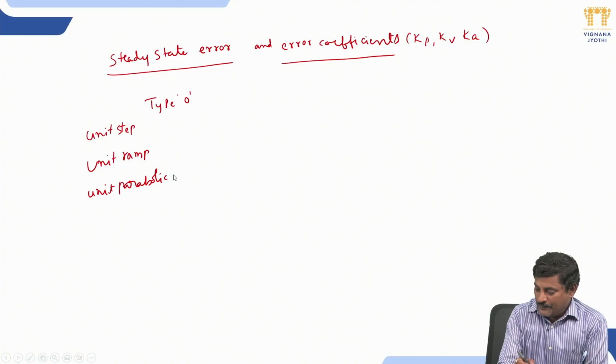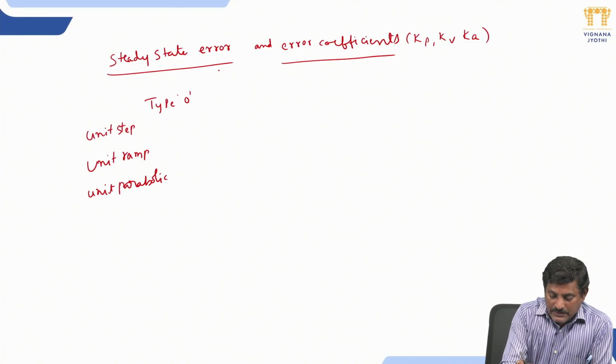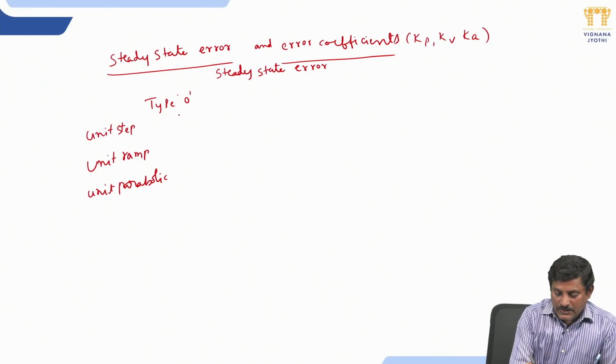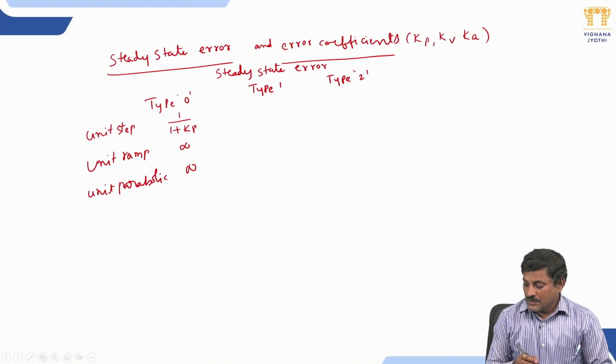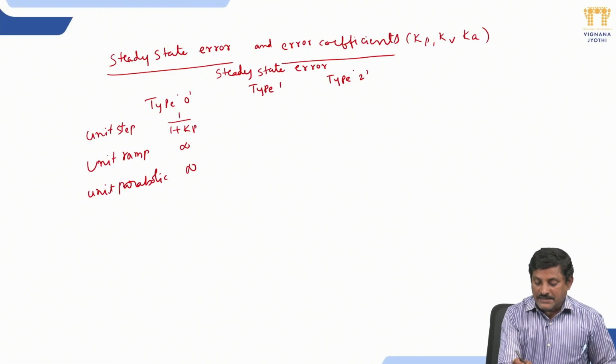So for a type 0 system, the steady state error for the unit step is 1 by 1 plus Kp. This one is infinity, this one is infinity. Similarly, you find it for a type 1 system and a type 2 system. Determine the steady state errors.